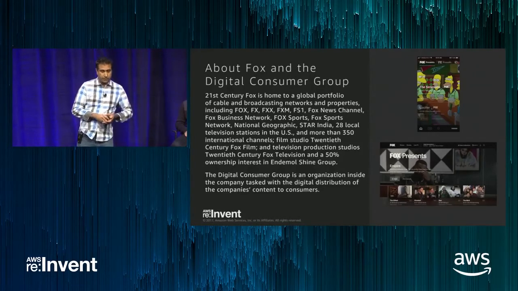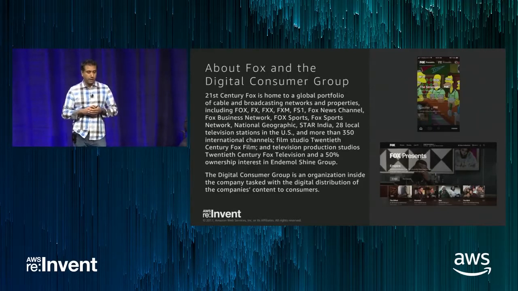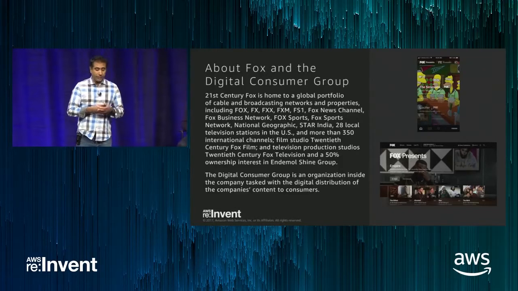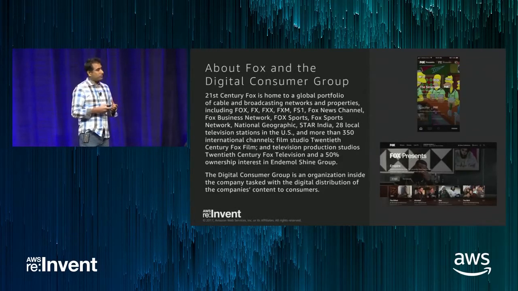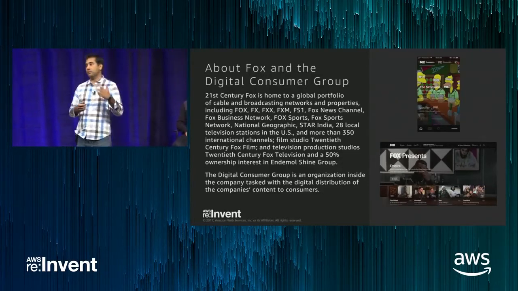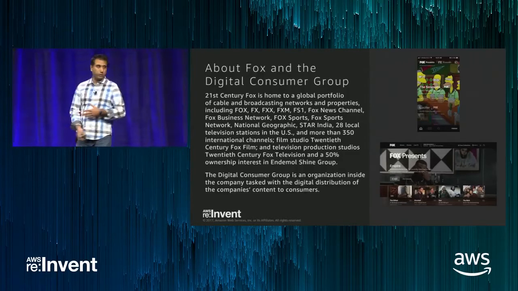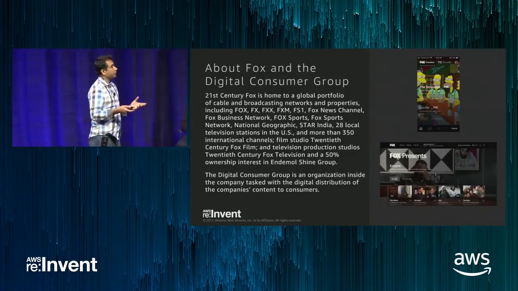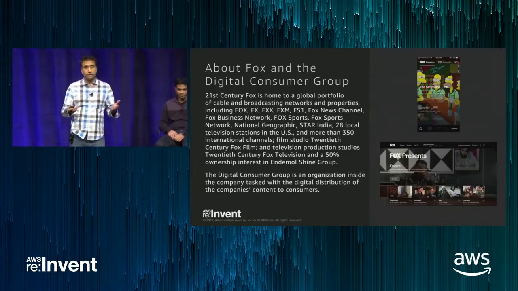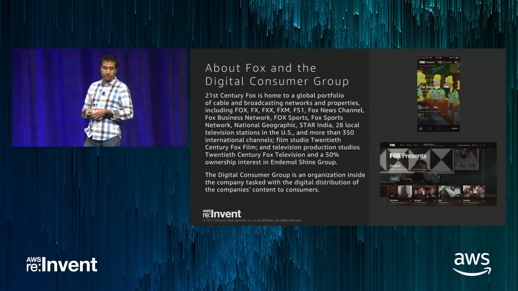On the right there, you can see a couple of images of what we're delivering. That is the Fox Now application that you can download on your iPhone, Roku, whatever, or just go to it on the web, and you can watch Fox content with your cable provider.